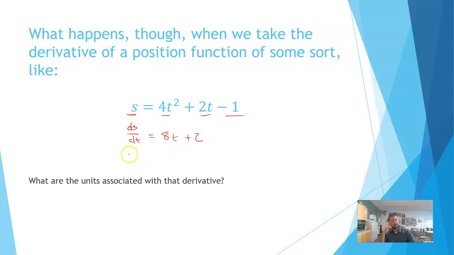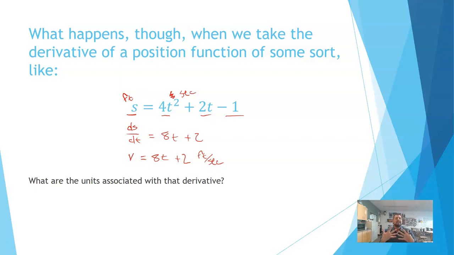Some of you might remember ds dt as a velocity formula, where I'm saying my velocity is equal to 8t plus 2. And if s were measured in feet and time was measured in seconds, then my velocity would be in feet per second. Or maybe it's miles per minute or meters per hour. All of those are measurements that actually make sense when we think about them logically.